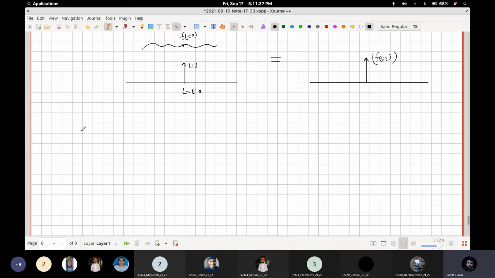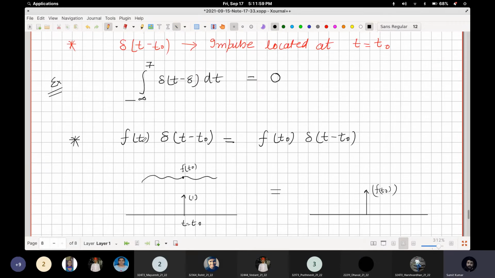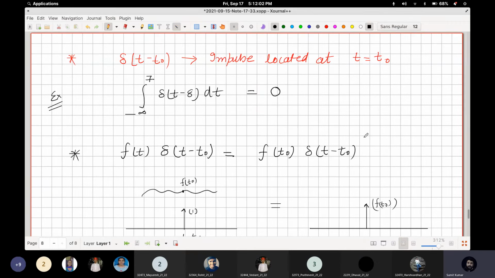So whenever we apply a property of delta t, the first thing that we will be doing is scaling. The very first task is scaling. Okay, and then after that we will apply the second property, which is known as sampling. So this property here is known as sampling. Okay, you are getting a sample of f(t) at t equal to t naught, right?